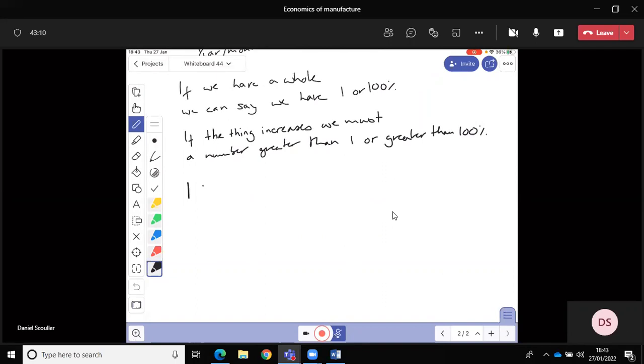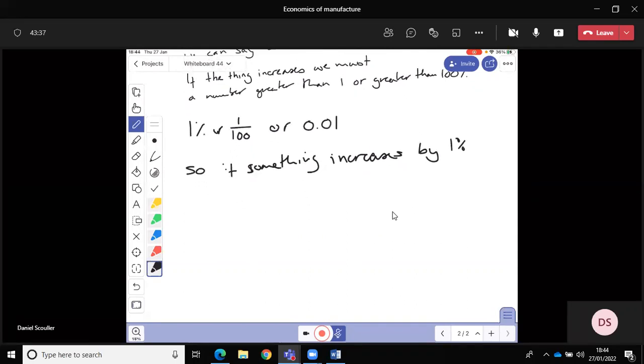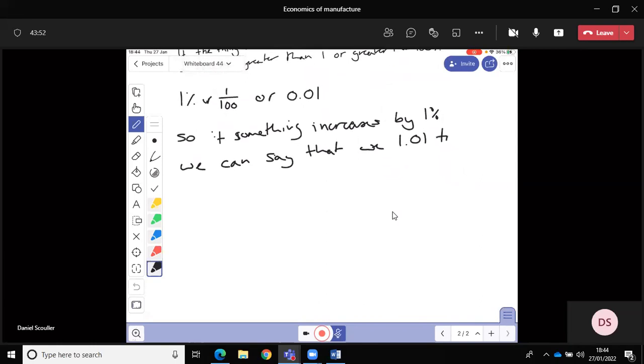So we went through that 1% can be written as 1 over 100 or 0.01. So if something increases by 1%, we can say that we have 1.01 times the original amount.